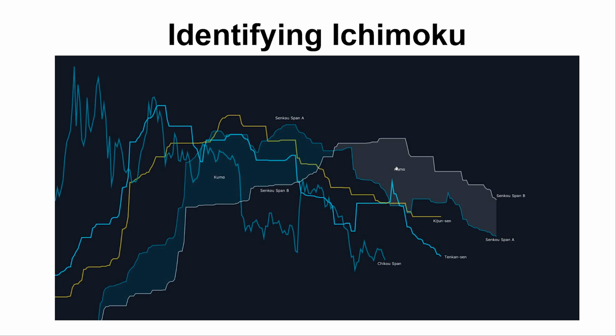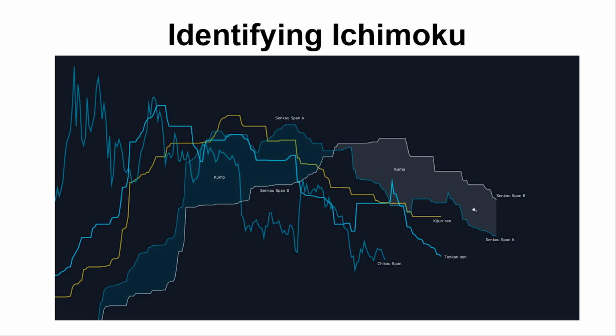As mentioned, the Kumo, or cloud, is created by Senkou span A and B. When Senkou span A is on top of Senkou span B, we can say that the cloud is bullish. When Senkou span B is above Senkou span A, then we can say the cloud is bearish. Remember, Senkou span A and B are just moving averages. Together, they create the Ichimoku cloud by shading in between them.